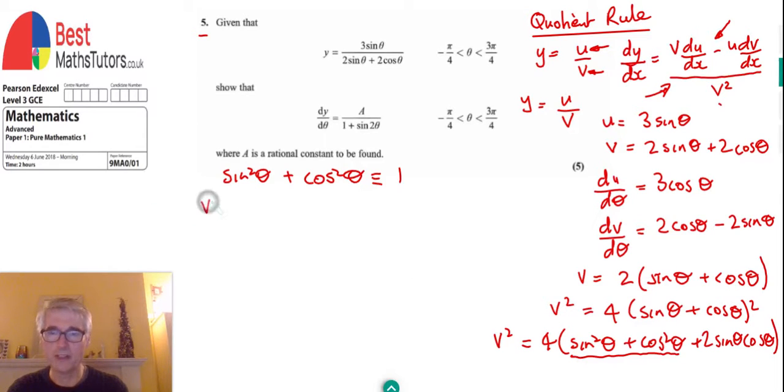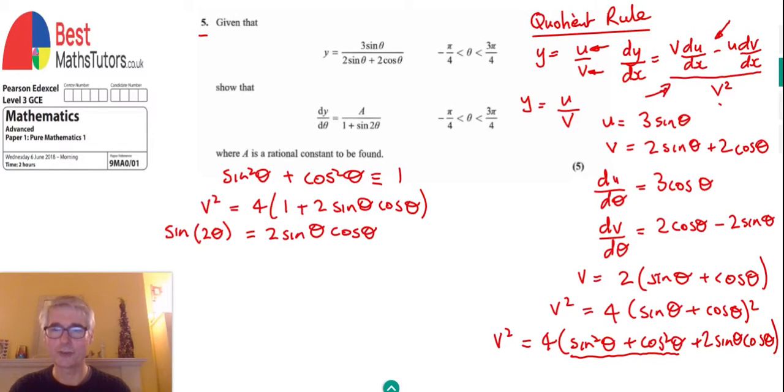So that means that v squared is going to equal 4, and then in the brackets I'm just going to have 1 plus 2 sine theta cos theta. Now that will simplify further. It's probably useful to do it at this stage by using another identity, which is our double angle formula.